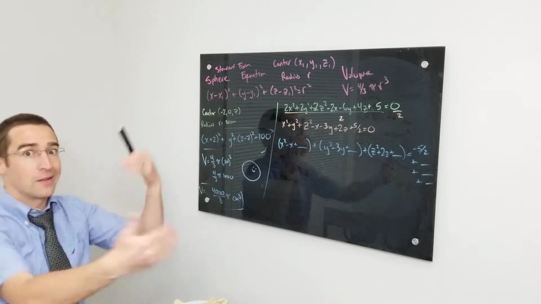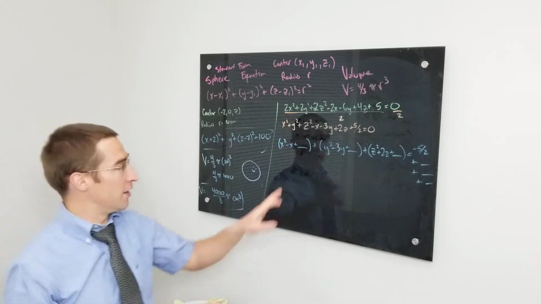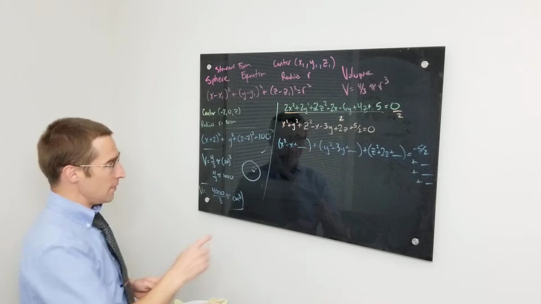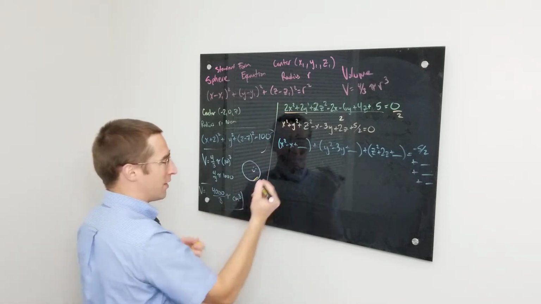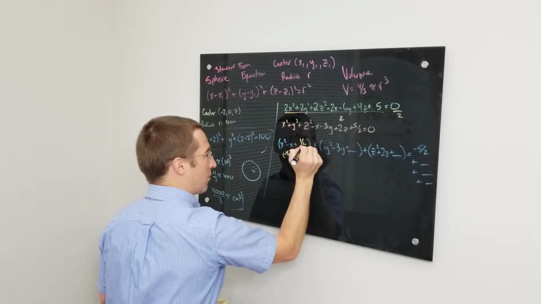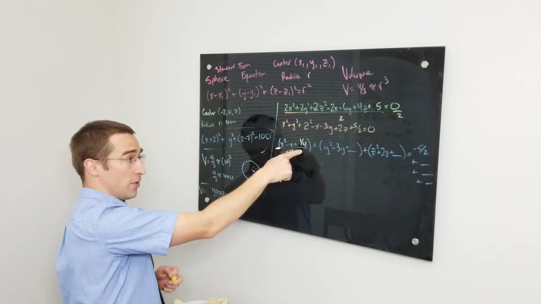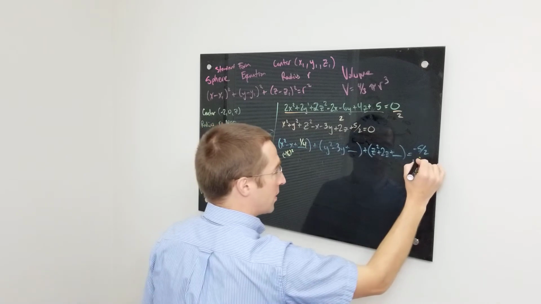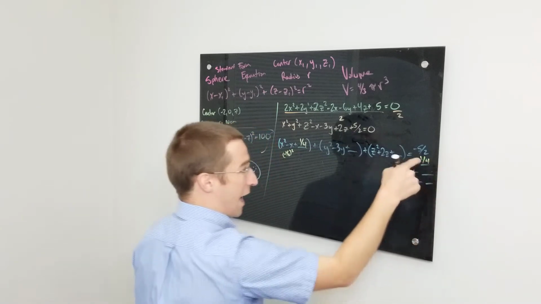So let's go about completing these squares, finding a number to go in each blank. Here, take this as a negative 1 divided by 2. That's negative 1/2. Square that, I get 1/4. So here I need to add 1/4.